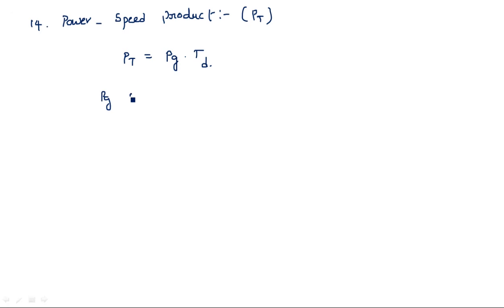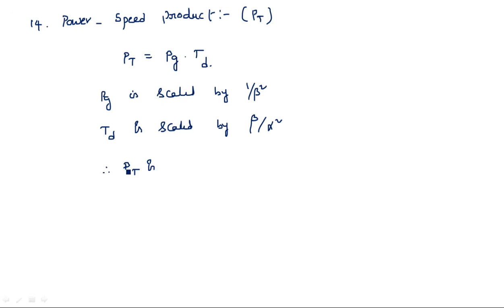PG is scaled by 1 by beta square, and TD is scaled by beta by alpha square. Therefore PT is scaled by 1 by alpha square beta.